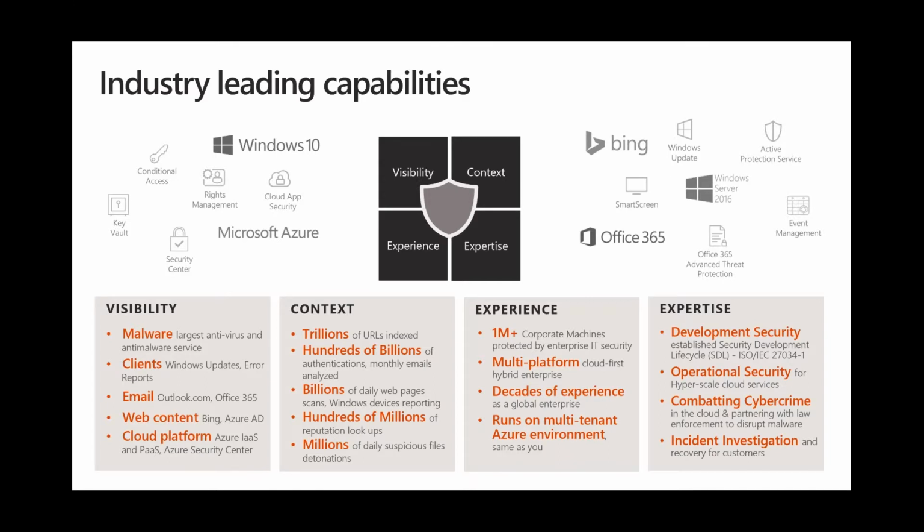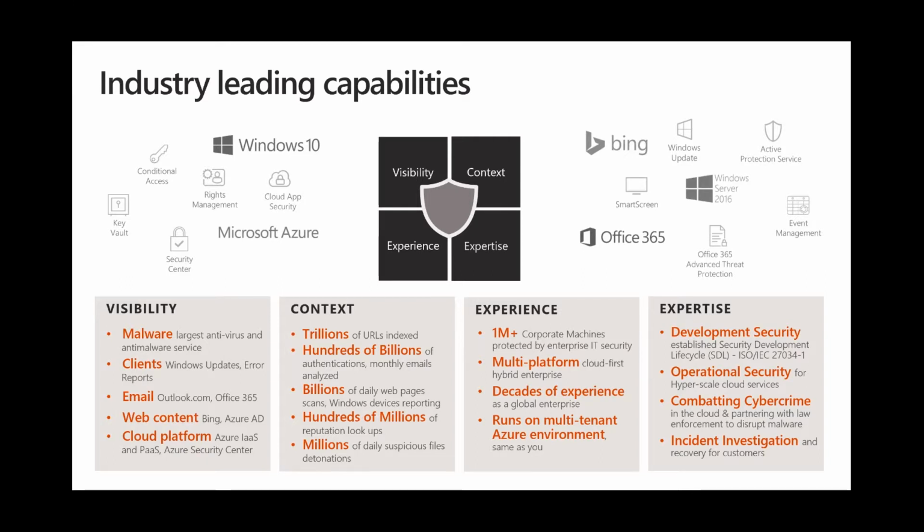And because we do all of these different things, we have extremely large visibility across all these different platforms that gives us access to telemetry and pieces of data. And by doing that, we have a very large understanding of the context behind all of this.